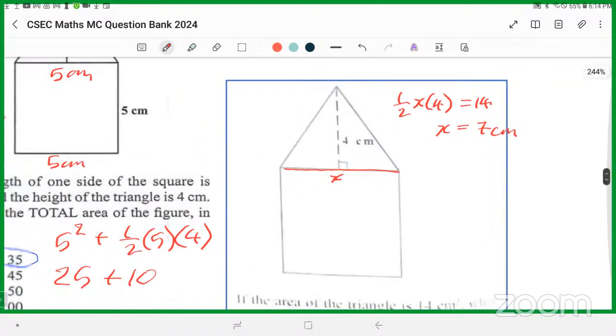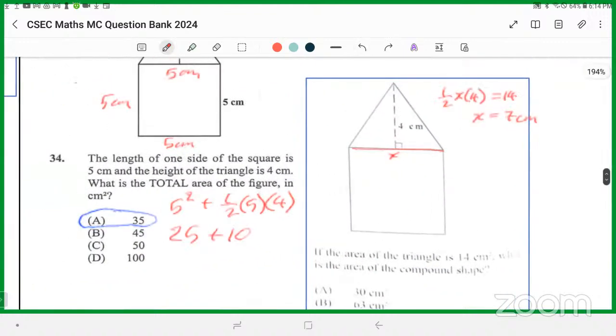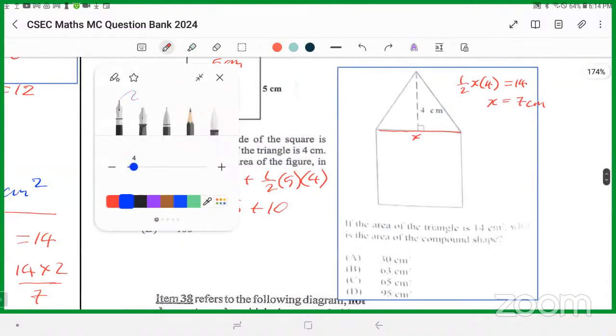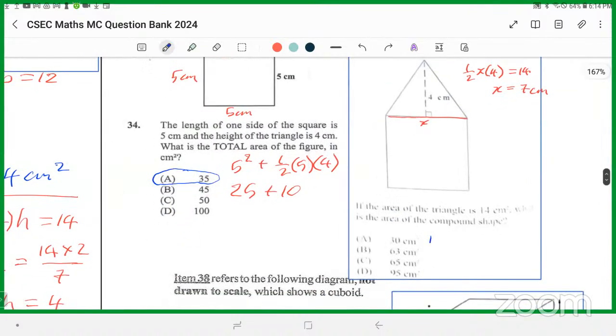Then you want the total area, so you need the area down here. You know the top area is 14. So the area of the whole shape becomes the area of the square down here, which is 7 squared, plus the 14, the area of the triangle at the top.